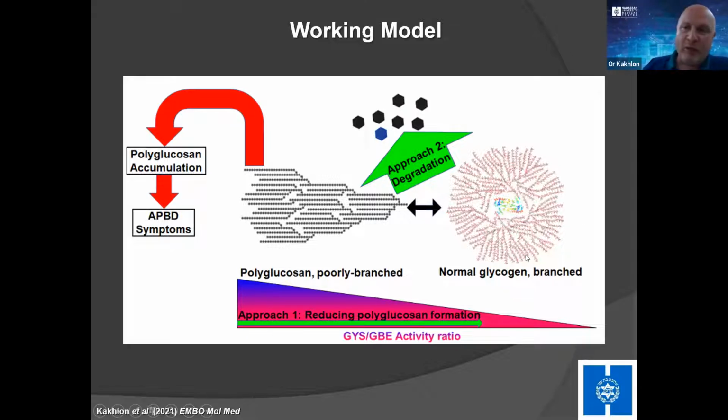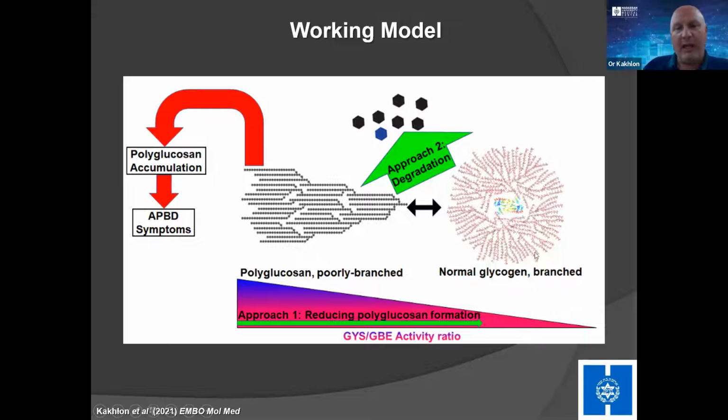But I wanted to stress that this refers to the formation of the polyglucosan. So you reduce the polyglucosan formation de novo if the enzyme activity ratio changes. There are also approaches in other diseases where you inhibit glycogen synthase or inhibit the elongation, or more rare approaches that we also took, where you activate the aberrant branching enzyme.